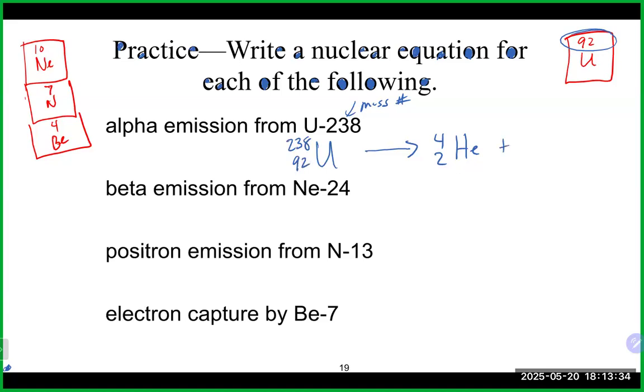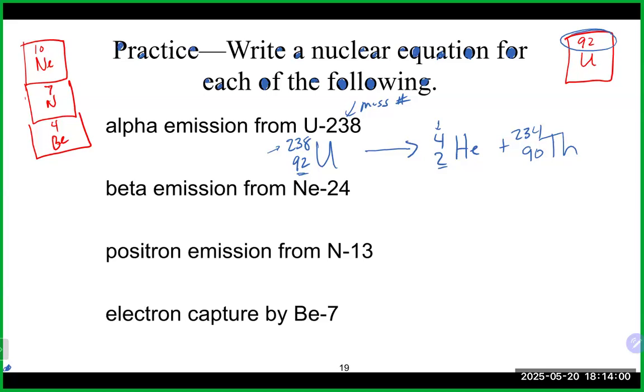The missing atomic number is going to be 92 minus 2, which is 90. Go to the periodic table, number 90 there, TH. Up on top, I have a 238 on the left and 4 on the right. So if I subtract that, it's going to leave me 234. And there it will be. Any questions on that one?